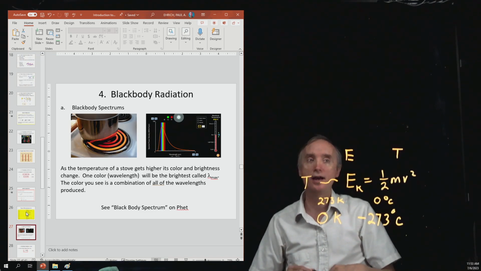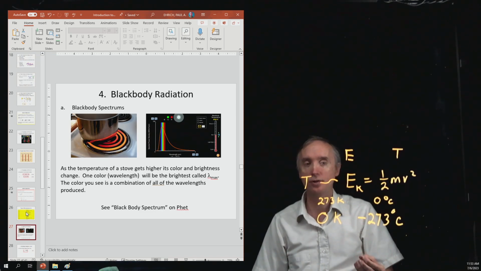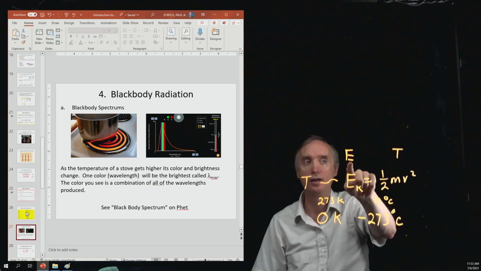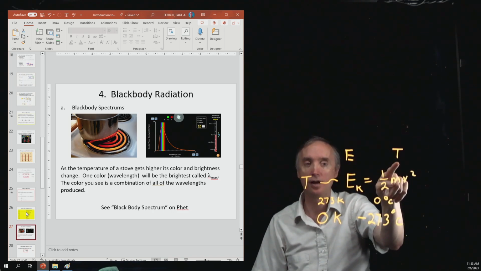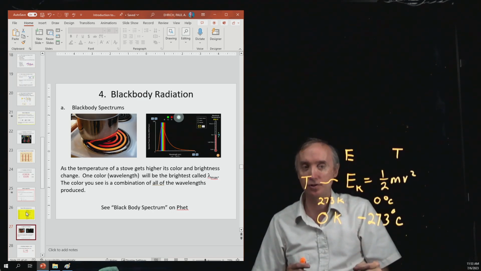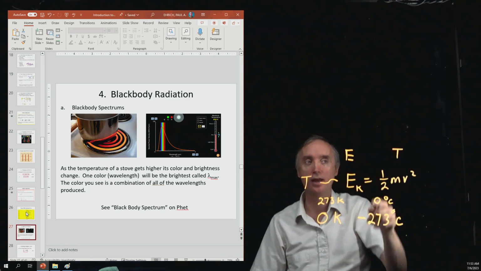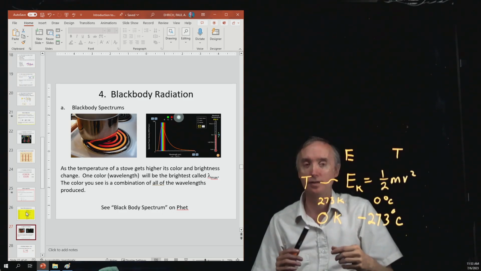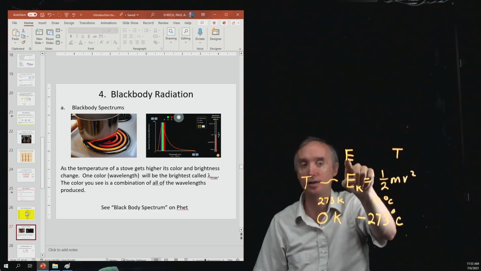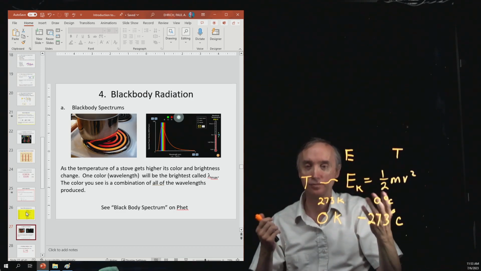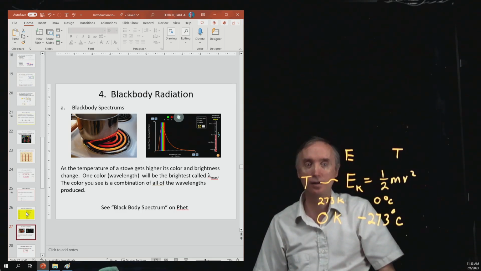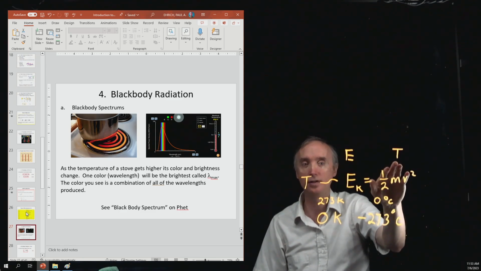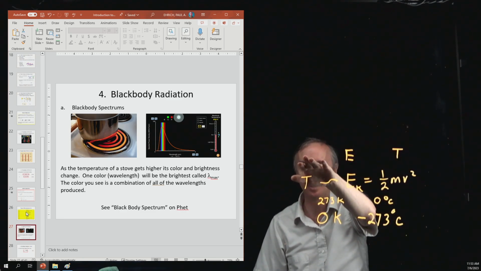Okay, so now we have a relationship between energy and temperature. I wonder if there's a relationship between light and temperature. Well, we already know that light has a certain energy, so it's not so far-fetched to think that temperature is going to be related to light.